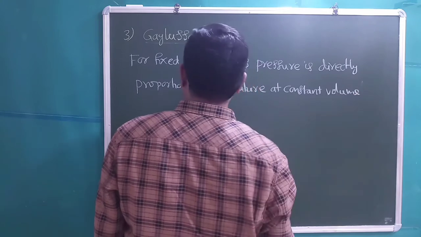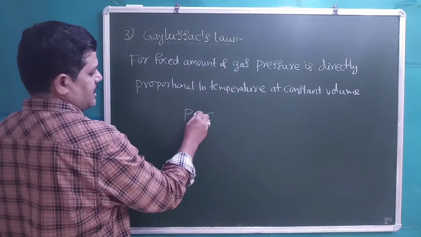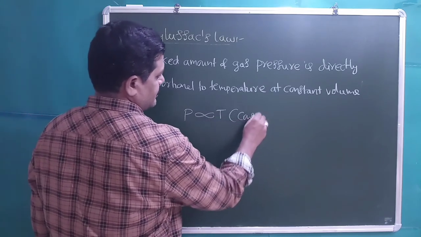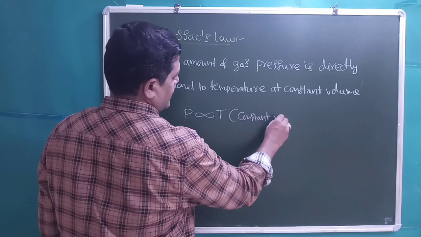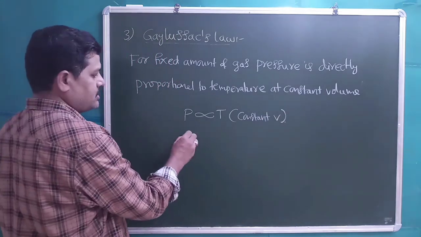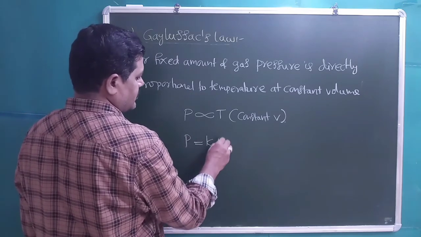In the mathematical form, we can write this as pressure P is directly proportional to temperature at a constant volume. Let us introduce a proportionality constant, then P is equal to K3 into T.